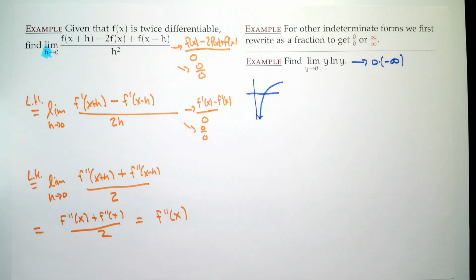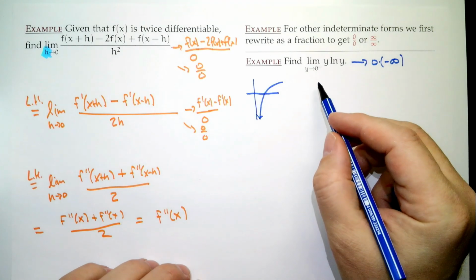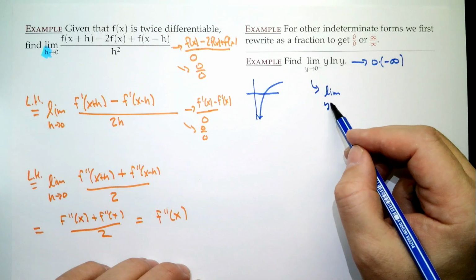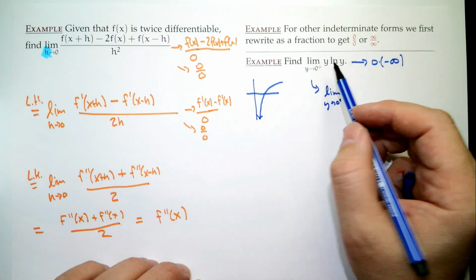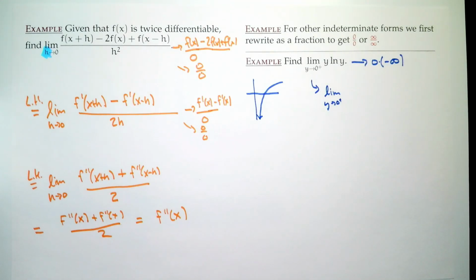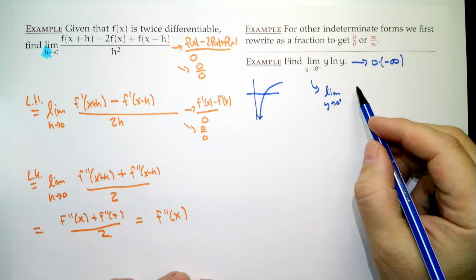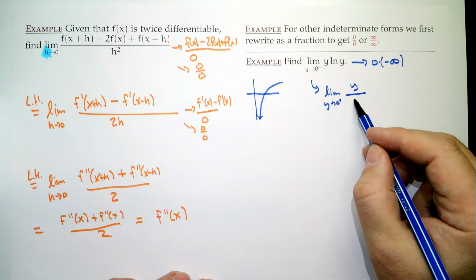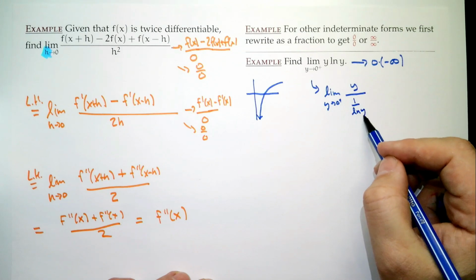So we say, okay, we have our fraction tool of L'Hôpital. So we want to make it into a fraction. Now there's two possibilities. How do you make a fraction? Well, you just pick one of the two terms and you move it down. So one thing I could do is keep the y upstairs, and then move the log y downstairs as 1 over log y.